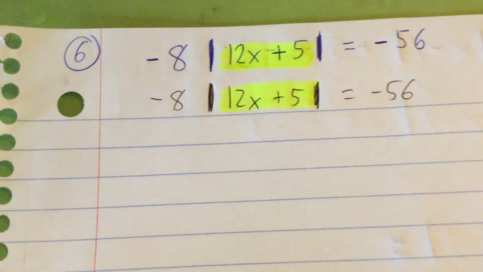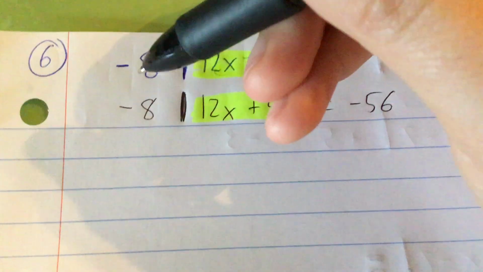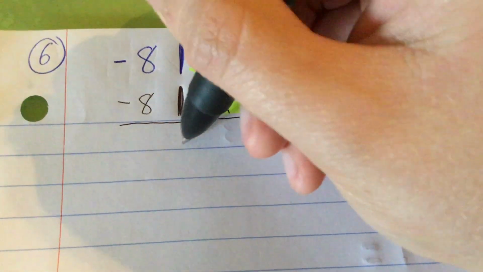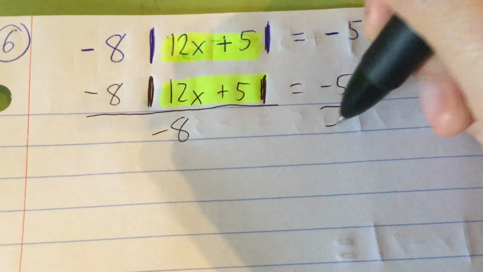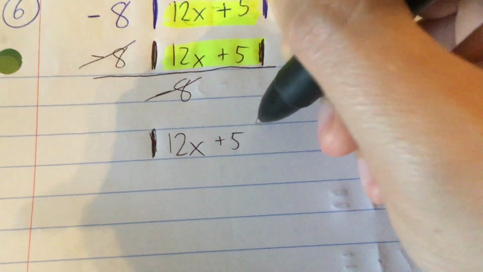Okay. So since the bars are not isolated, I'm going to try to solve negative 8 yellow and solve for yellow. Divide both sides of the equation by negative 8. And that cancels out, leaving me with the absolute value of 12x plus 5.